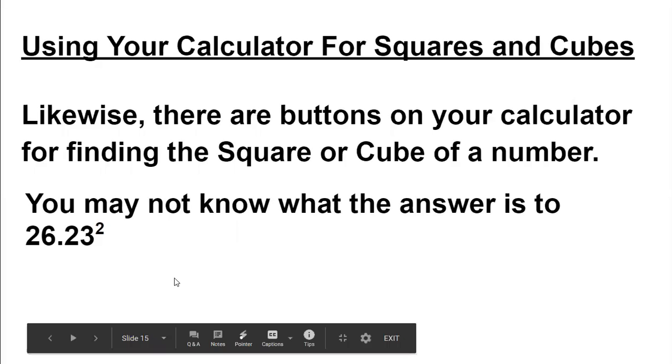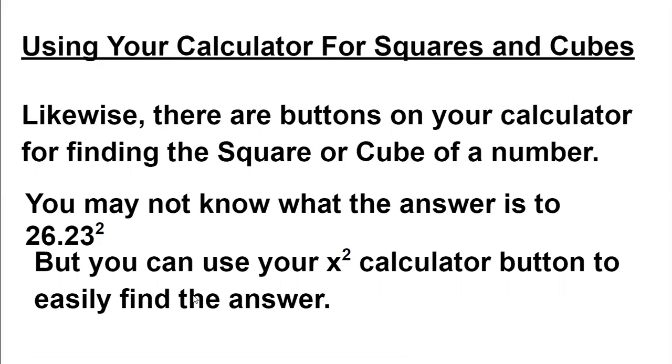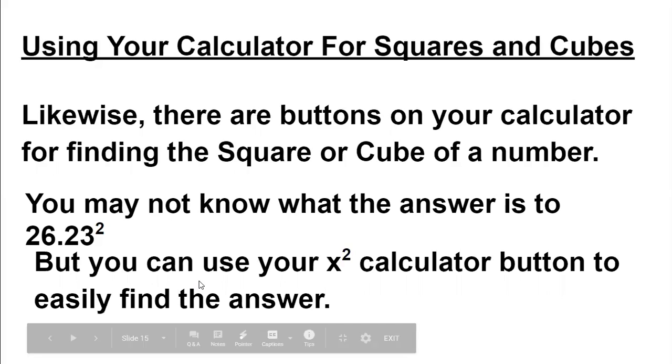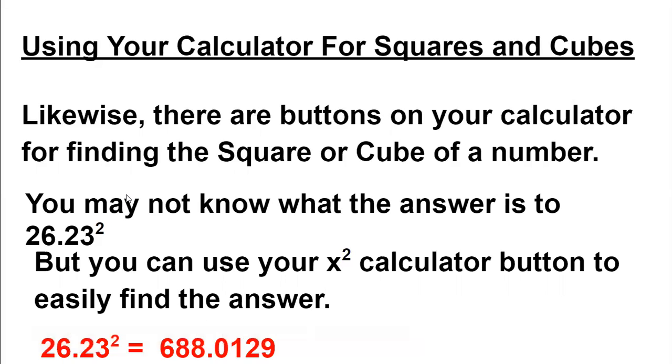So if you do not know off the top of your head 26.23 squared, you could multiply that large number by times itself, or you could use your calculator and hit the x squared button. So you would put in 26.23 and hit the x squared button, and you would easily be given the answer of, can't see that because the little thing is down there, 26.23 squared is equal to 688.0129.